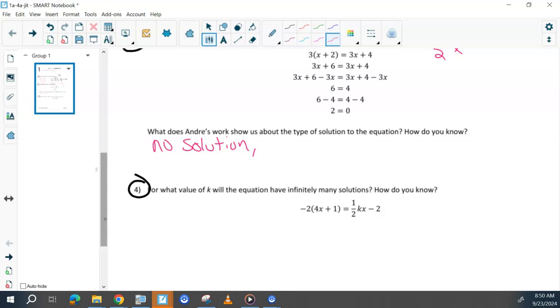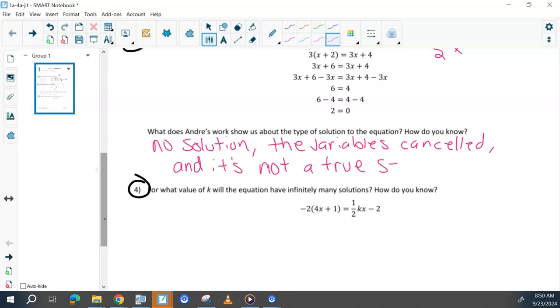How do you know the variables canceled and it's not a true statement? So both of those things would have to apply in order for it to not be a solution.